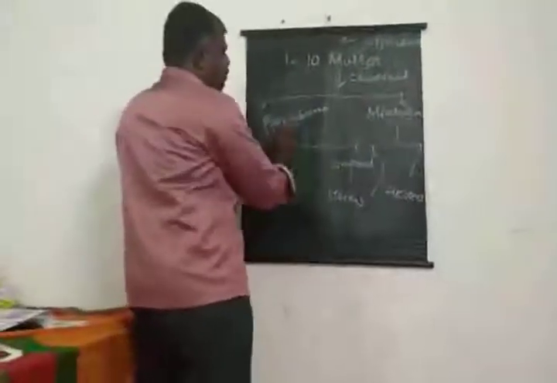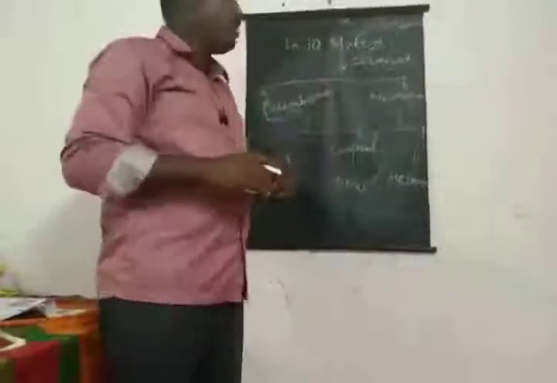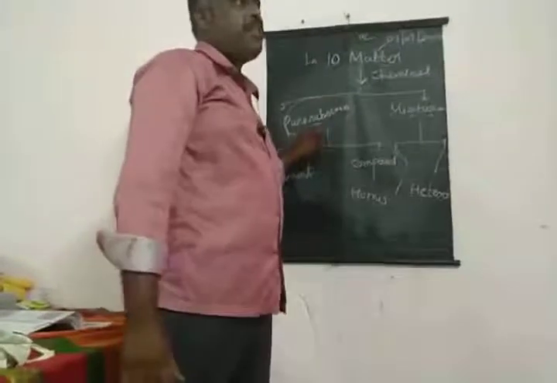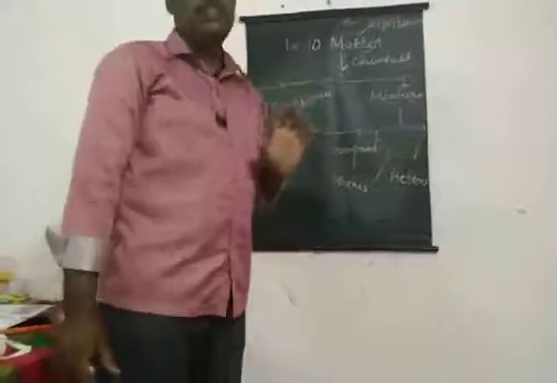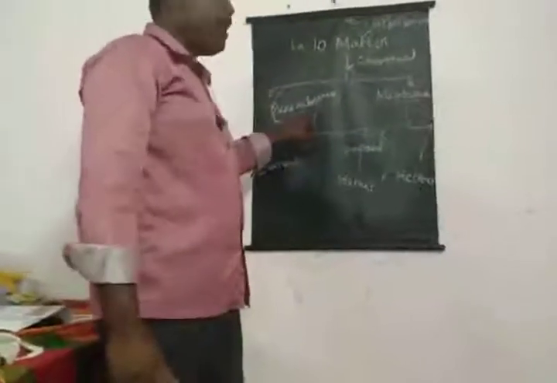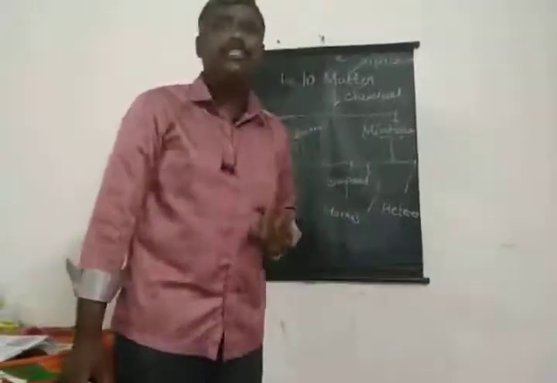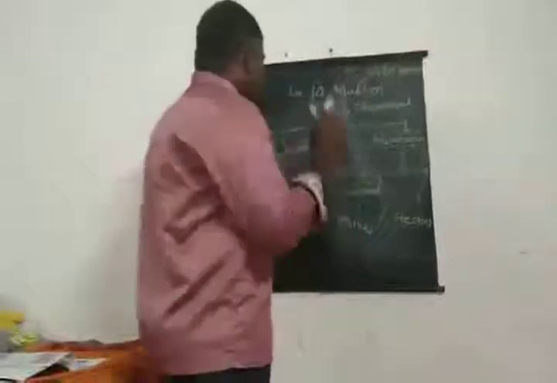First we will define the pure substance. What is meant by pure substance? We have already studied pure substance in 8th standard. A chemical compound prepared by any method consists of the elements combined in a fixed ratio by mass. Fixed ratio by mass.